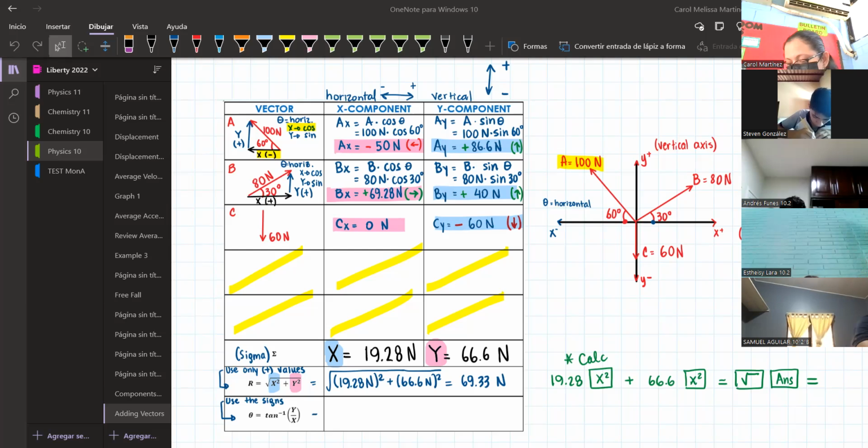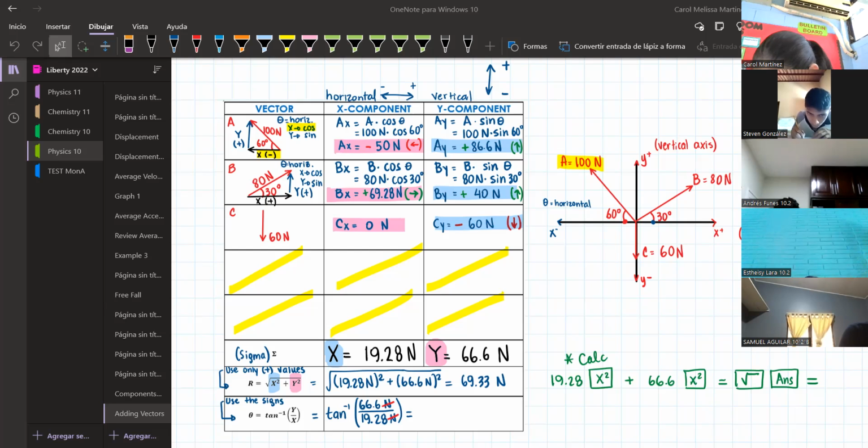Now, in the case of the angle, we apply the formula arctangent of y divided by x. Y is 66.6 Newton and x is 19.28 Newton. Here, the newtons are going to cancel each other out, and then you will get your answer. To do this procedure, follow the green part.